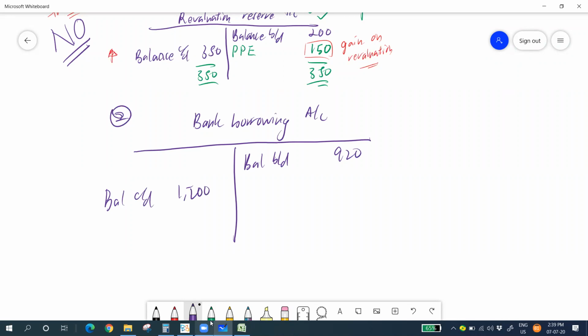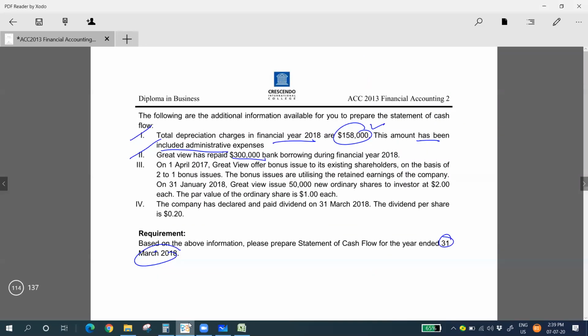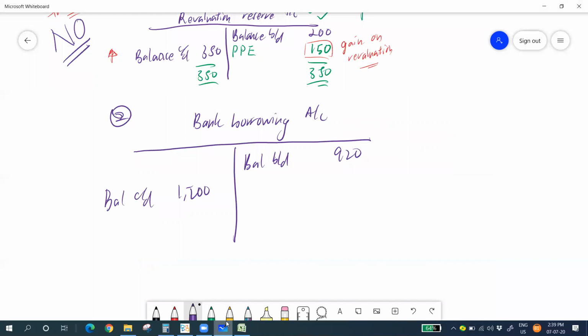All right. So we take a look. It says that during the year, I repaid 300,000 to the bank to settle my bank borrowing. So tell me, this 300,000, should it appear on the credit side or debit side in this bank borrowing account?